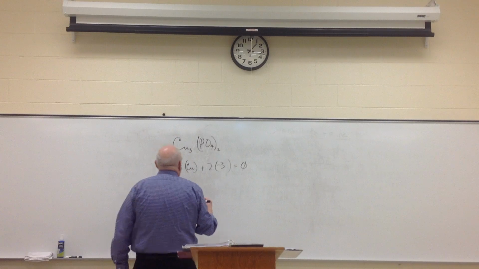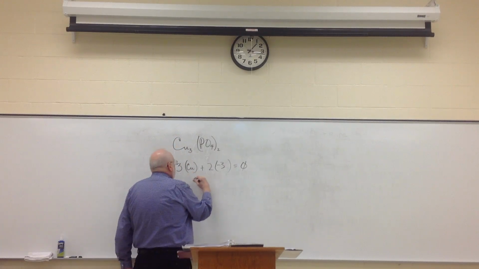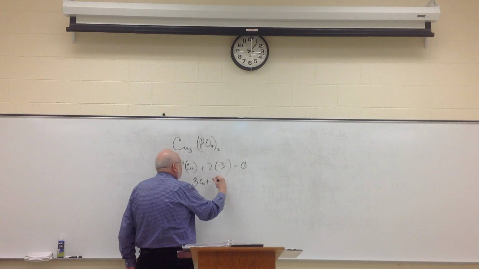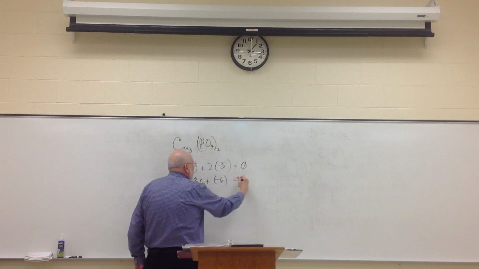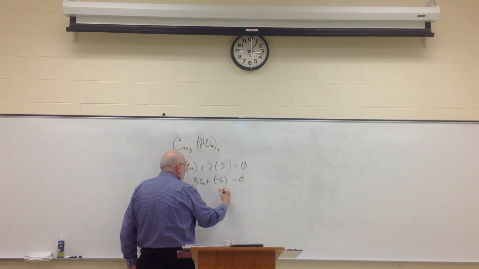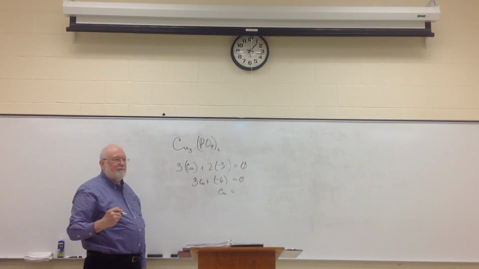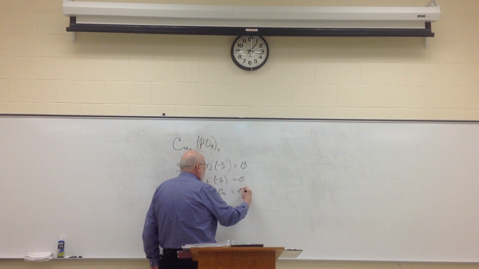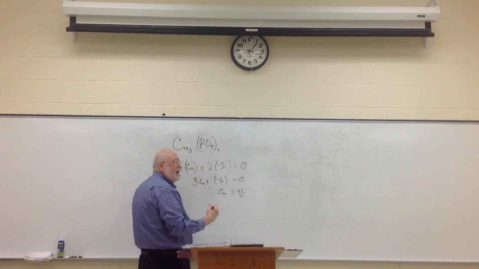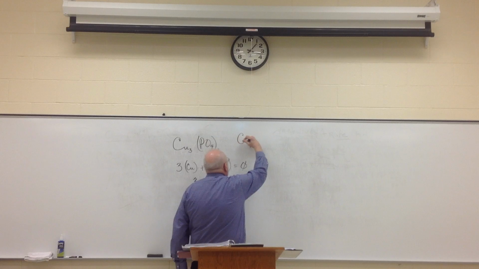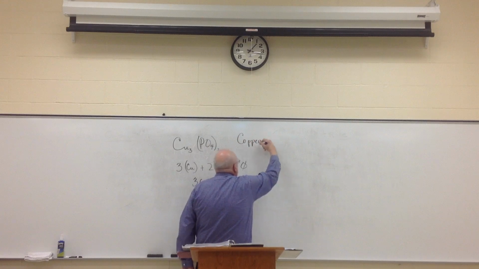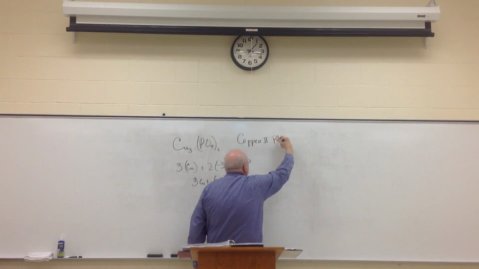Okay? Well, what have we got? 3 coppers plus a -6 equals 0. So, what is the charge on the copper? +2. Well, let's have the name. Stock name would be copper 2 phosphate.